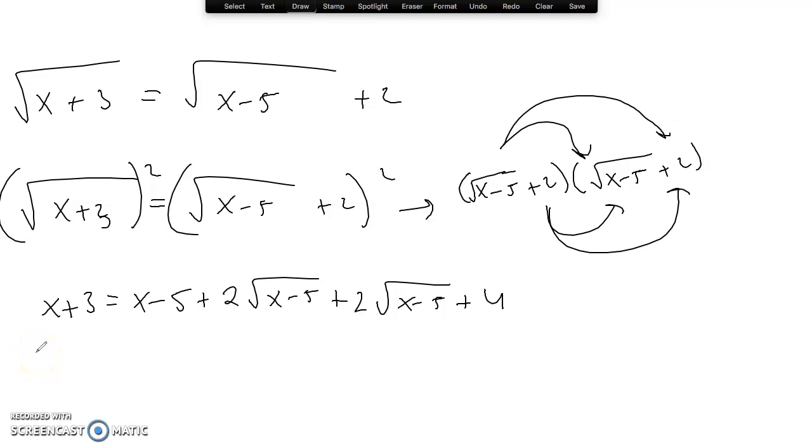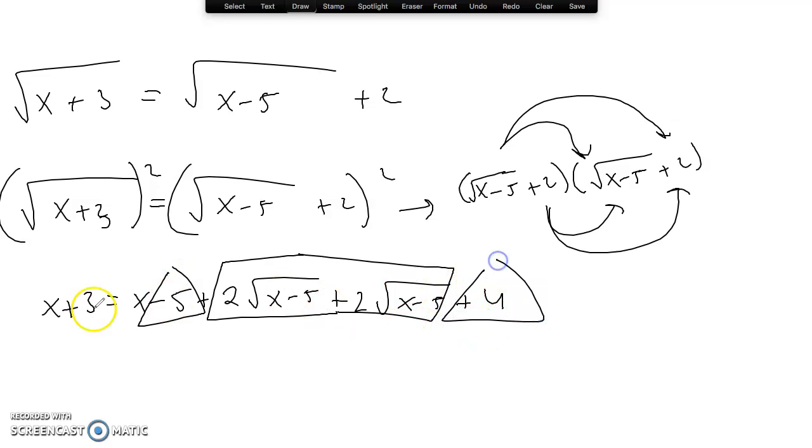Okay, now I'm going to combine like terms, so I see that I can combine these two over here. I can combine negative 5 and 4, so that's negative 1 plus 4 radical x minus 5.